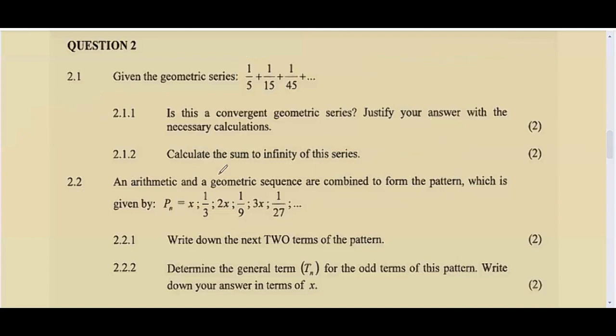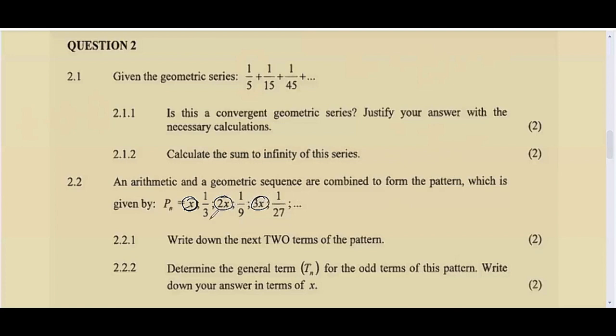Now, 2.2, we are told an arithmetic and geometric sequence are combined to form the pattern, which is given by Pn is x, 1 over 3, 2x, and then now looking at this, you can see how they combine this. So they put a term arithmetic, and then they put geometric here, they jump arithmetic, geometric, and then arithmetic.